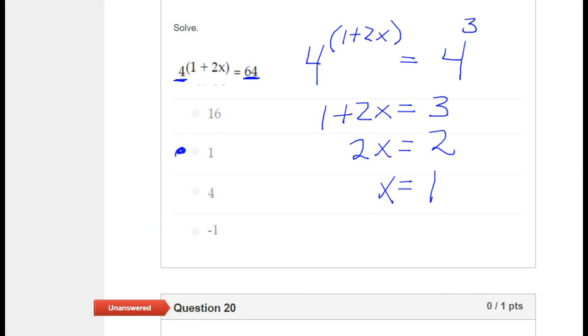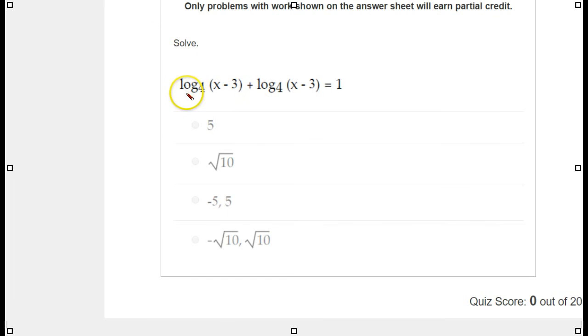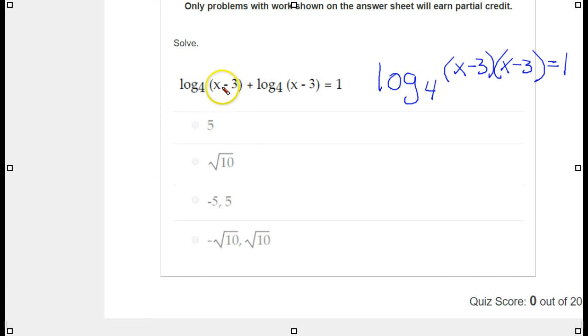All right, now for our last one. So this is in its logarithmic form. And as we said in our last class, we want to convert it to its exponential form. So as we convert this now to exponential form, what is our base? Our base is 4.